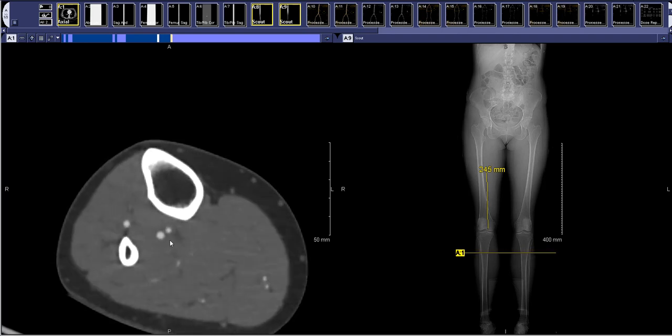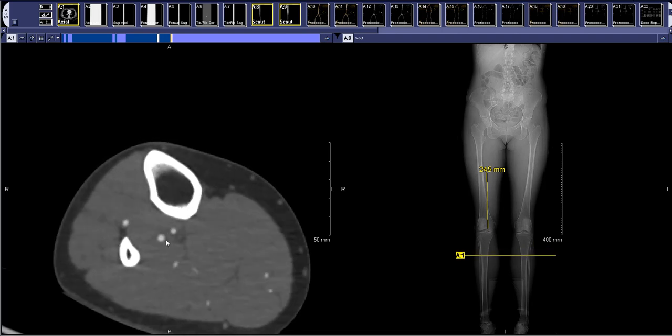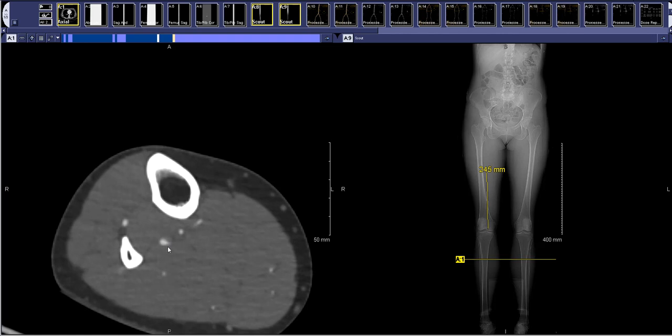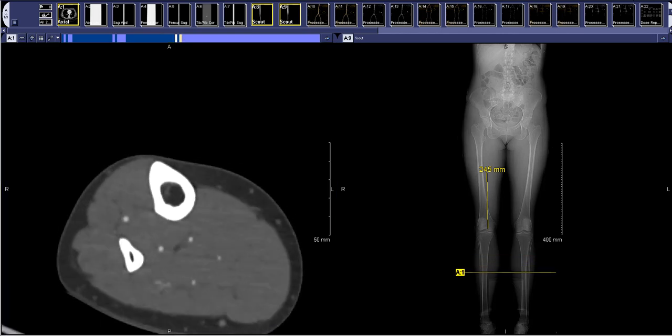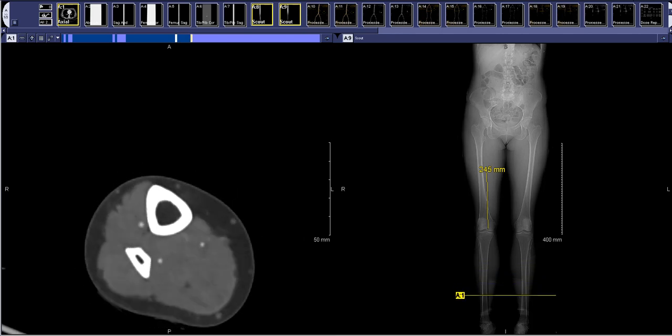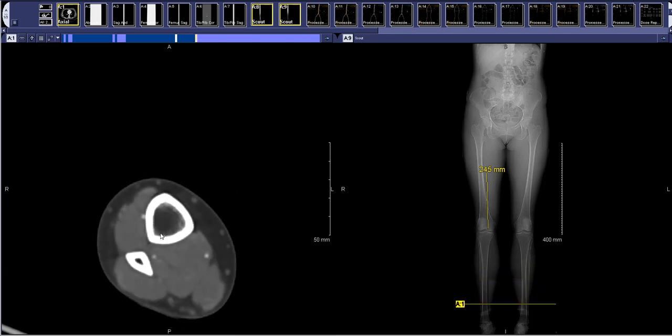The tibioperoneal trunk then bifurcates again into your peroneal artery and your posterior tibial artery. And typically I follow all three of these vessels all the way down into the ankle. In this case, they're all patent. Down here, the anterior tibial artery, peroneal artery, and posterior tibial artery.